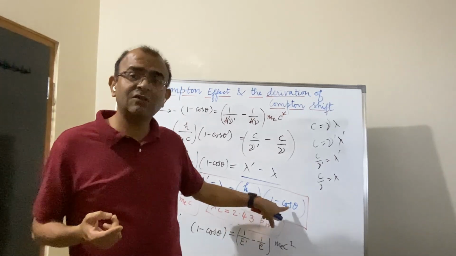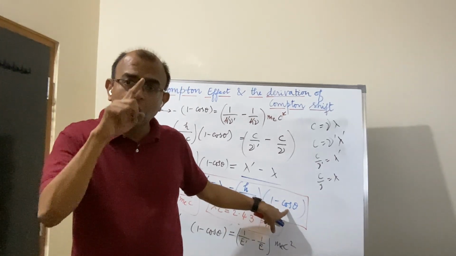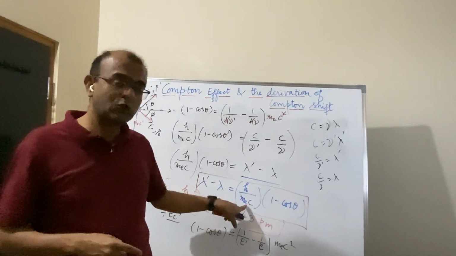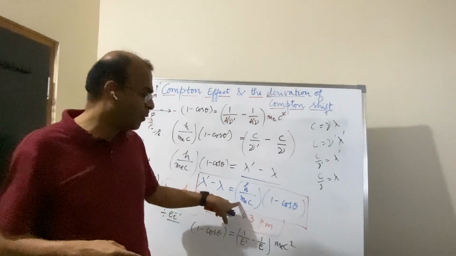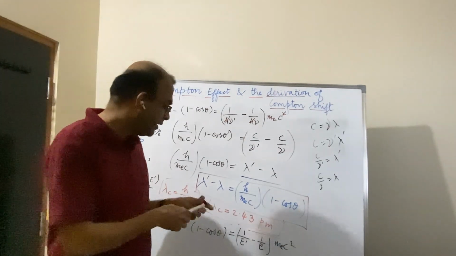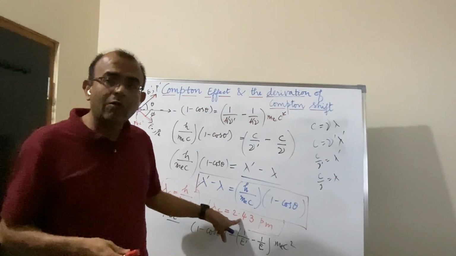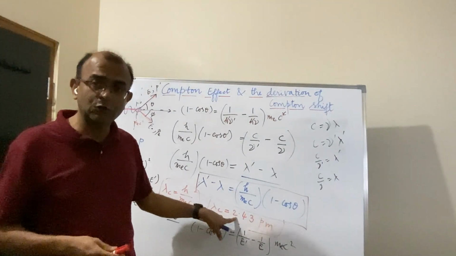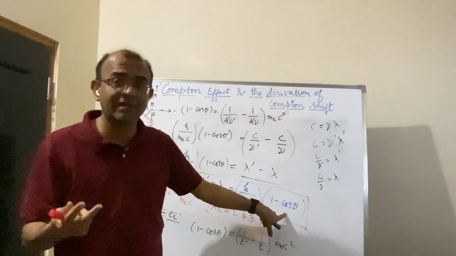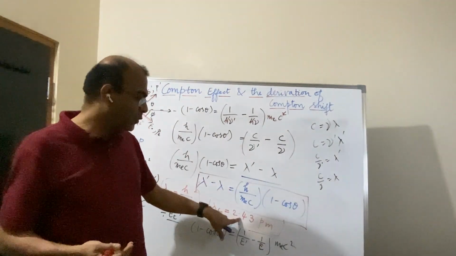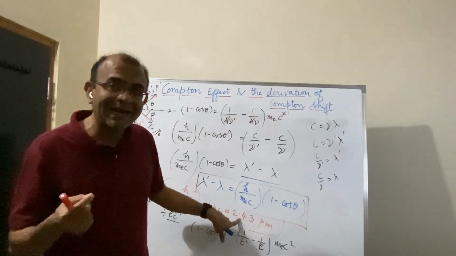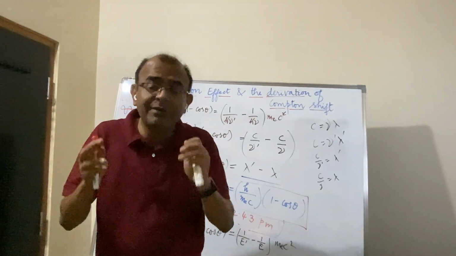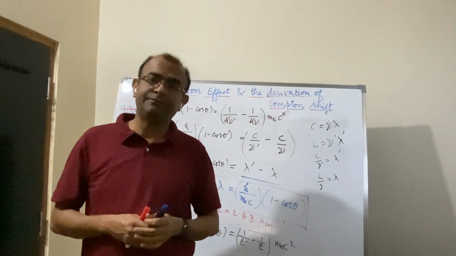So 1 minus of minus 1, this term would become 1 plus 1, therefore that would be 2. 2 times this lambda_C, that is this Compton wavelength of the electron, would be around 4.86 picometers, because this 1 minus cos theta becomes 2. That would be the maximum shift possible in Compton shift.